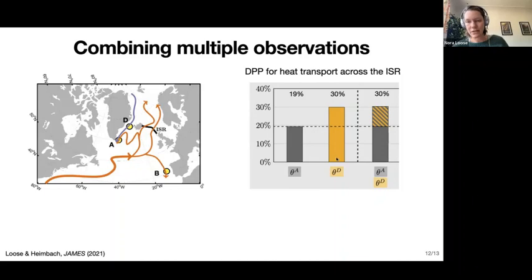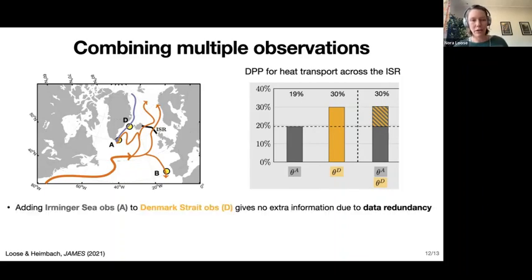Here we see that the Denmark Strait observation alone would lead to an uncertainty reduction by 30%. And then both observations combined lead to an uncertainty reduction by 30% as well, right? Which is less than the sum of 19 plus 30%. And this is due to the data redundancy that we've already seen on the previous slide.